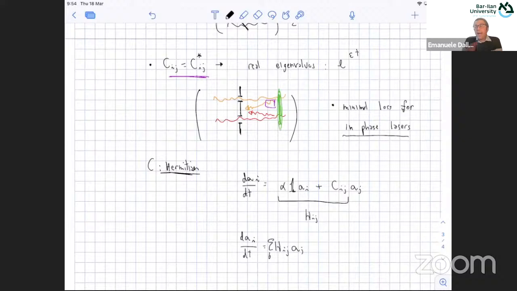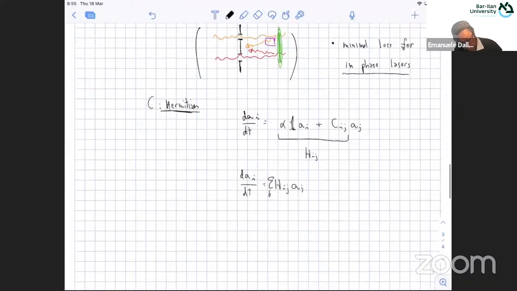So let's assume that we diagonalize H_ij and we find all the eigenstates. Each eigenstate will have some exponential enhancement. Now, there is one of the modes that has a maximal exponential enhancement, the mode with the maximal eigenvalue.